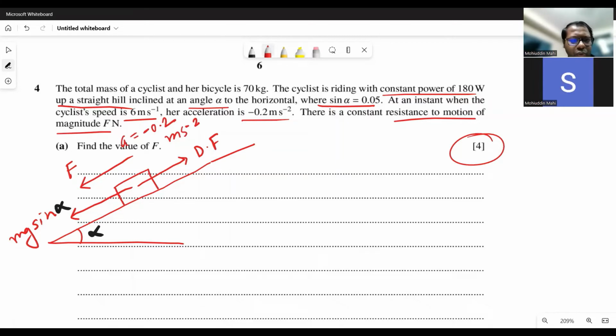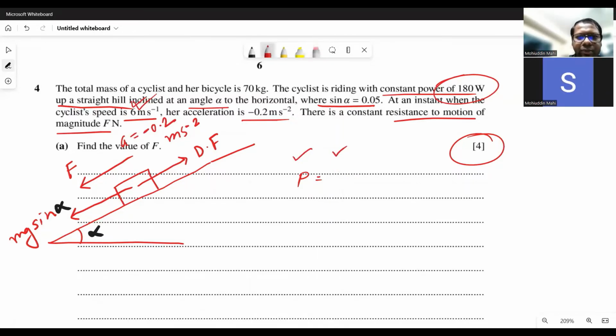What we can do here, as we know the constant power of 180 watts and we know the speed, is find the corresponding driving force. We know the formula P equals FV. You always have to remember, when you are considering a constant power, the corresponding force is actually the driving force.